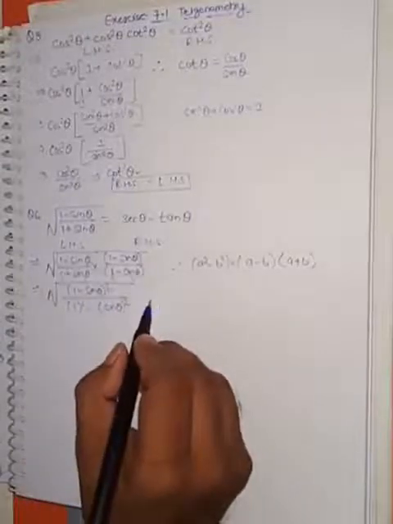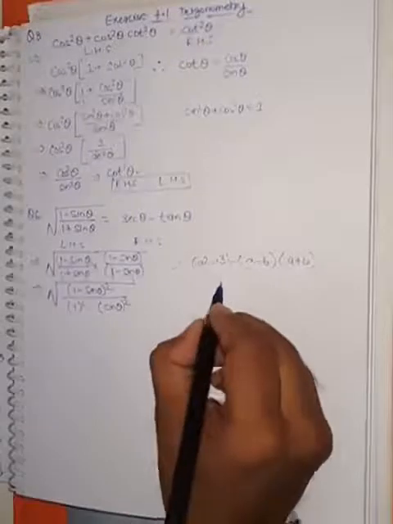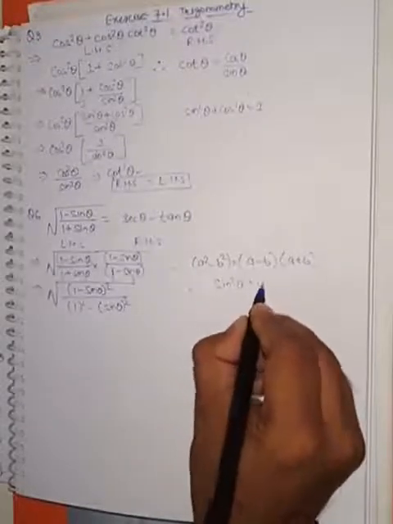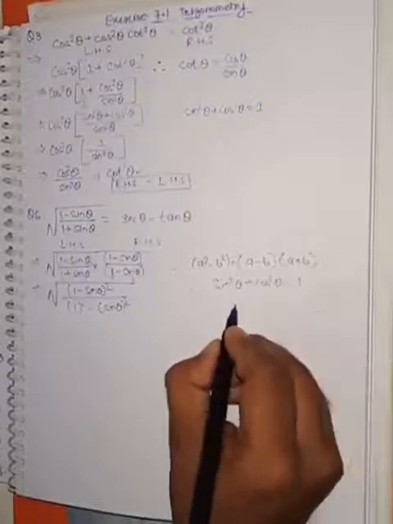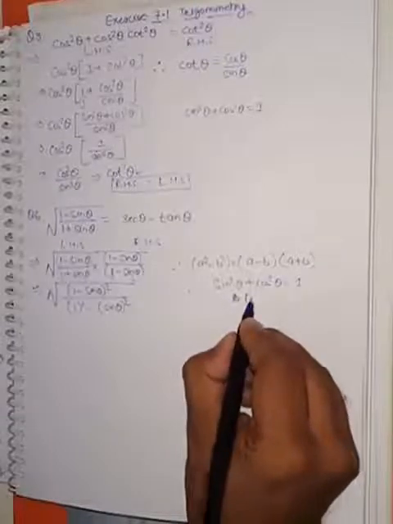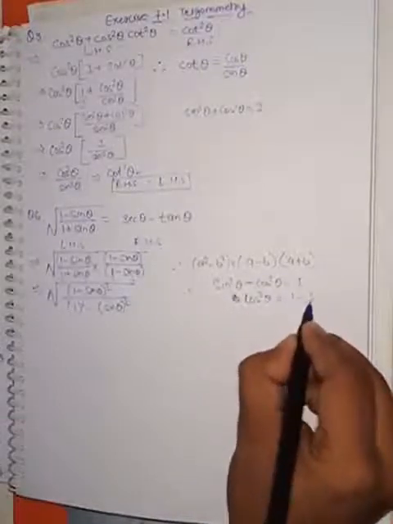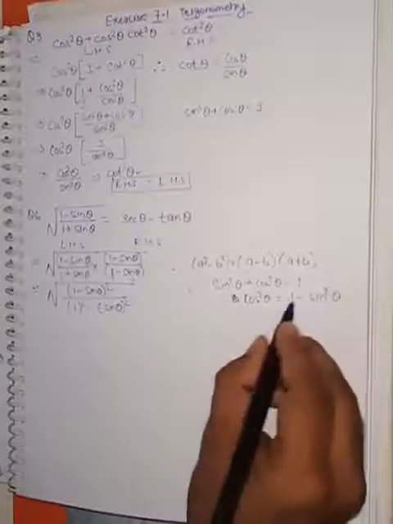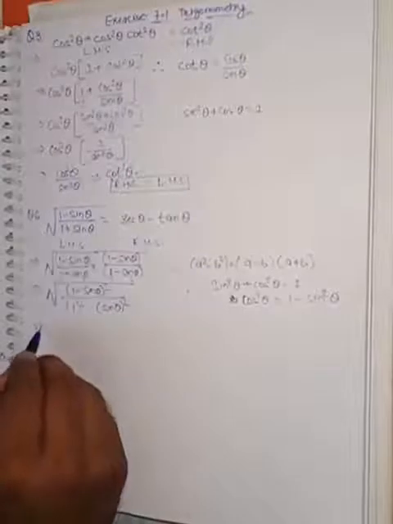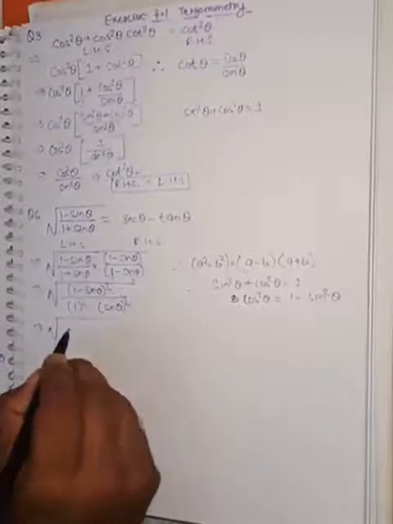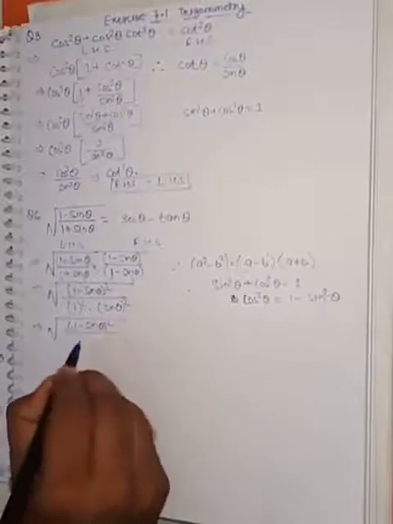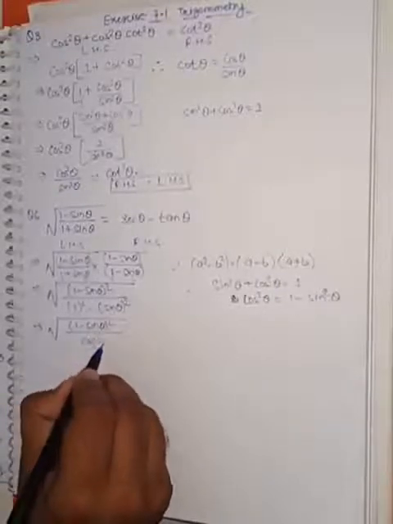We know that sine square theta plus cos square theta equals 1, so cos square theta equals 1 minus sine square theta. Putting this value here, we get (1 minus sine theta) whole square divided by cos square theta.